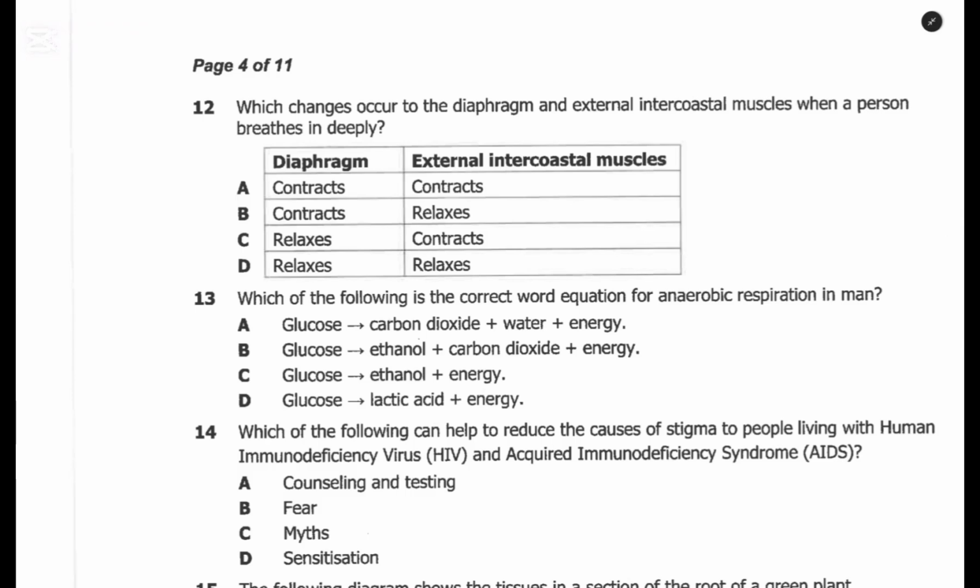External intercostal muscles contract, and of course it pulls the chest. How does it pull the chest? The external intercostal muscles contract and pull the chest upward and outward. So here the answer is the diaphragm contracts, and also the external intercostal muscles contract.